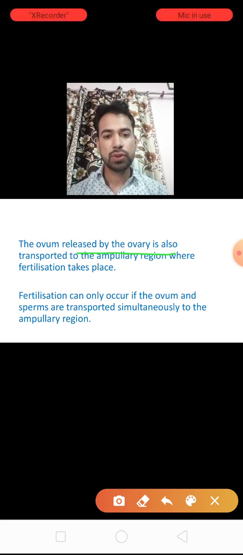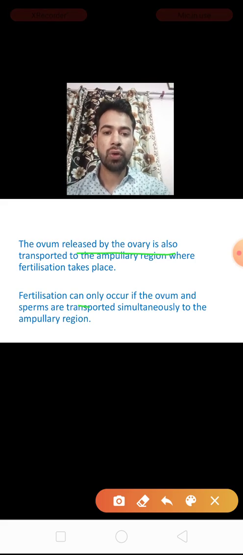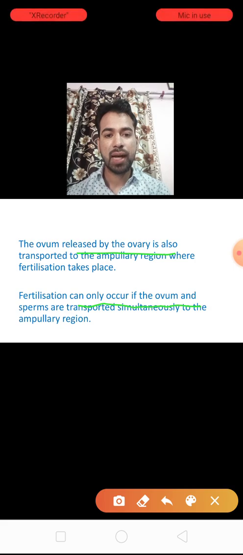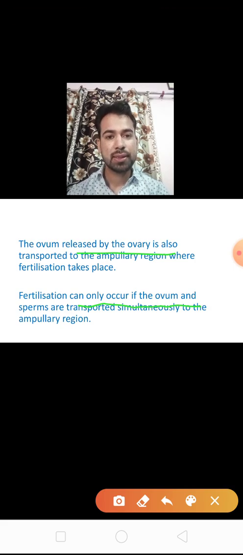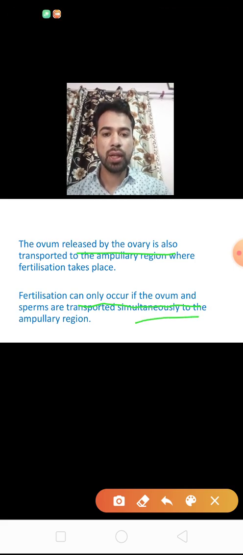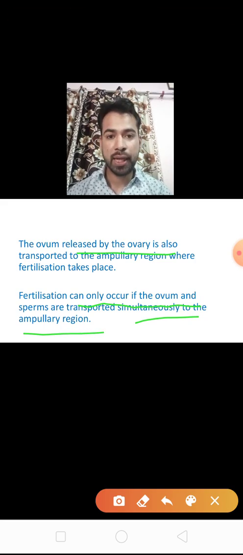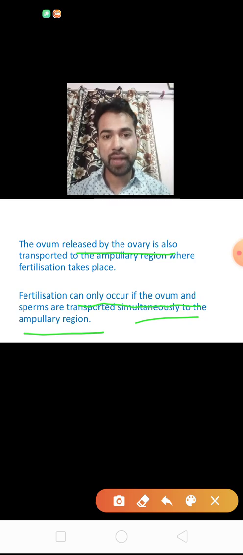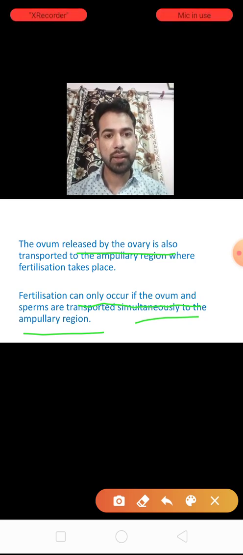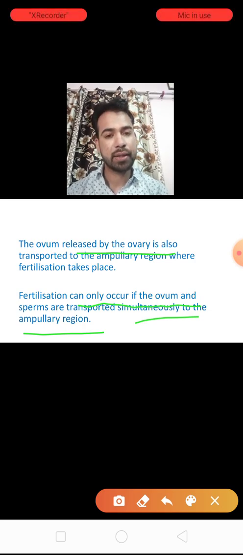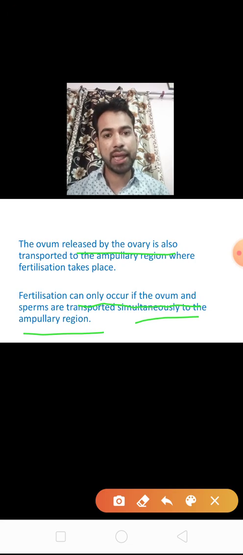So fertilization can only occur if the ovum and sperm are transported simultaneously to the ampullary region. That means at one time both come in contact with each other. If the egg is there and the sperm come at that time and fuse with the egg, then fertilization will take place.